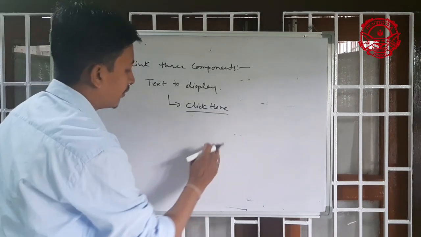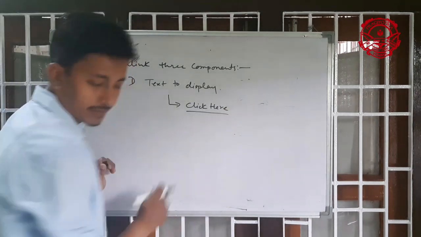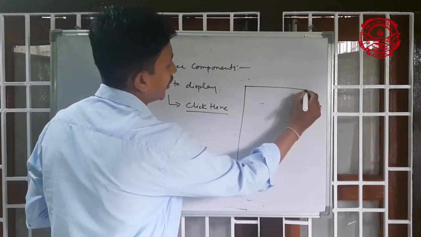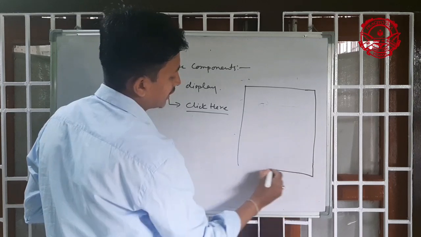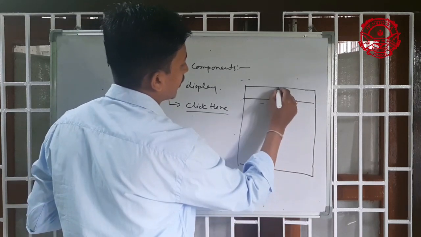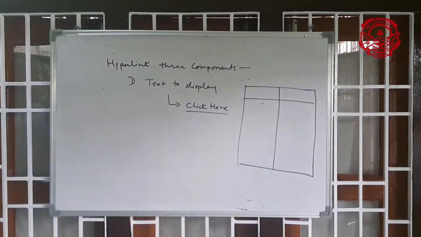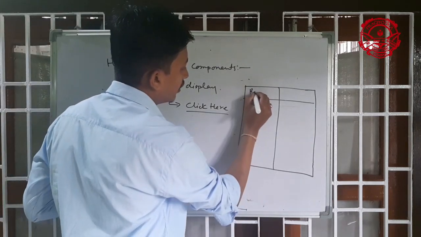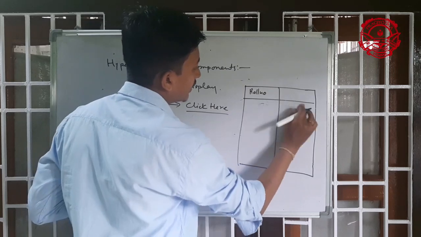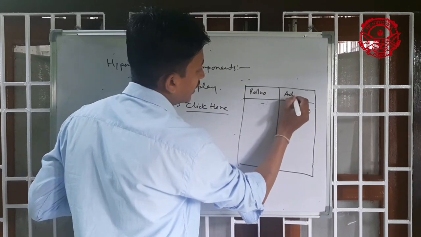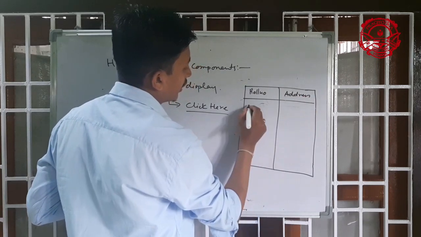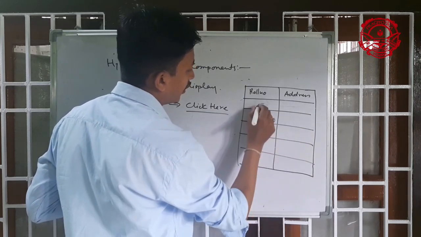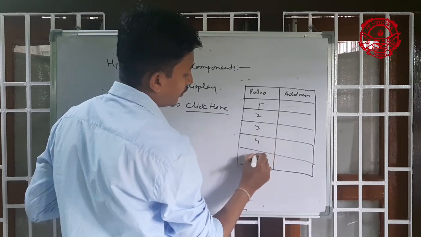For example, this is a form or a table, say a student table, with roll number and address. Roll numbers 1, 2, 3, 4, 5.